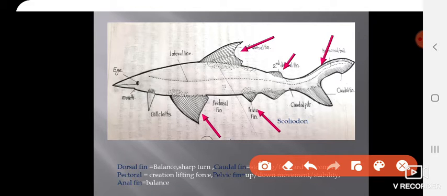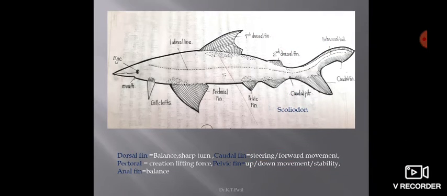This caudal fin is also unpaired. Then the anal fin, which is also an unpaired fin. So paired fins include pectoral and pelvic, and unpaired fins include the first dorsal fin, second dorsal fin, caudal fin and anal fin.